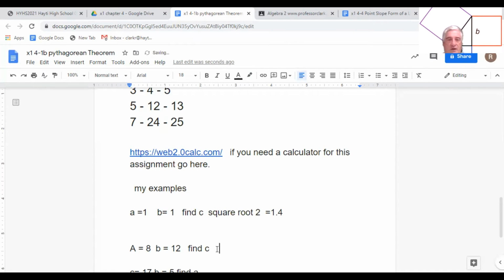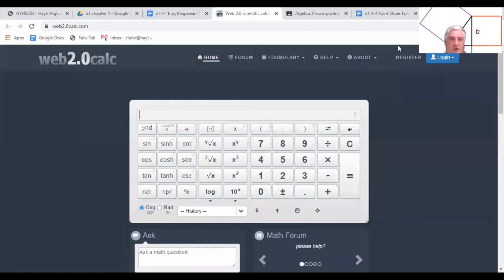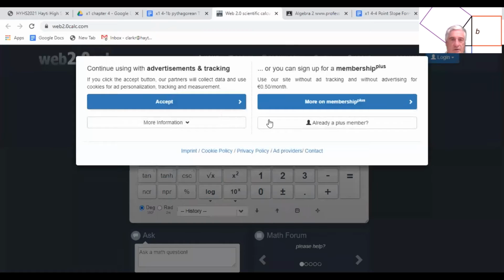Here we have 8 and 12. 8 times 8, 64, plus 12 times 12, 144. We add them together, and I get 208. So C would be equal to the square root of 208.